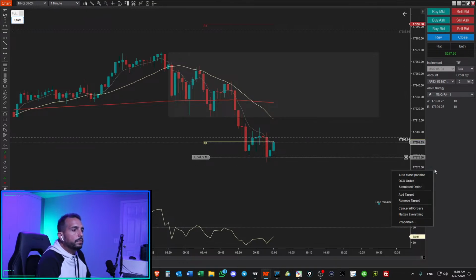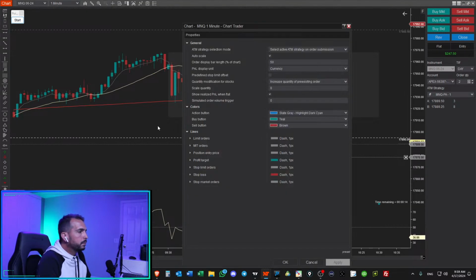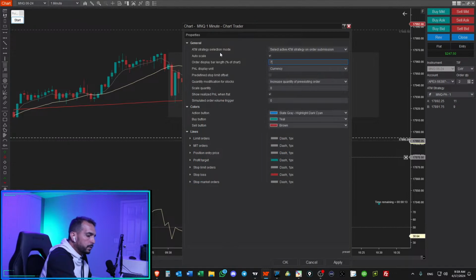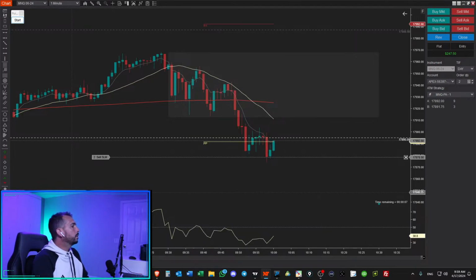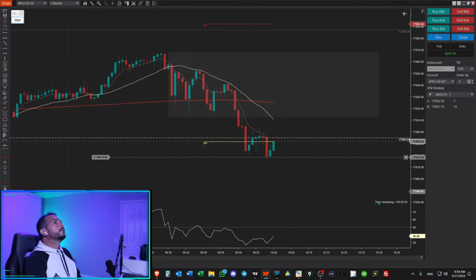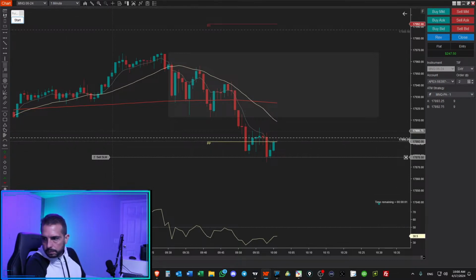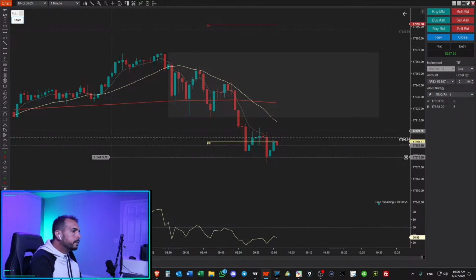We do 75. I like this. The line's a little longer. See the closing on this candle?